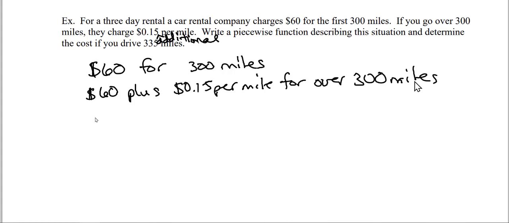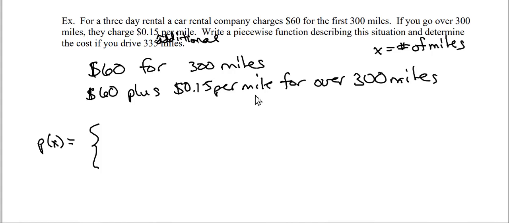All right. So I would say the easiest part of this, I'm going to call this, maybe P of X for the price. You do C for cost. We definitely want X to represent the number of miles, right? Because we have a cost per mile here.